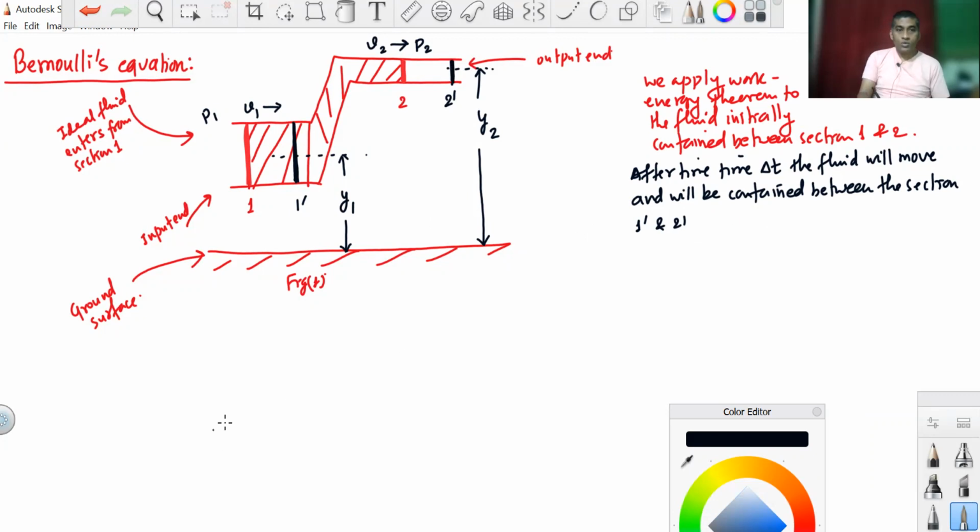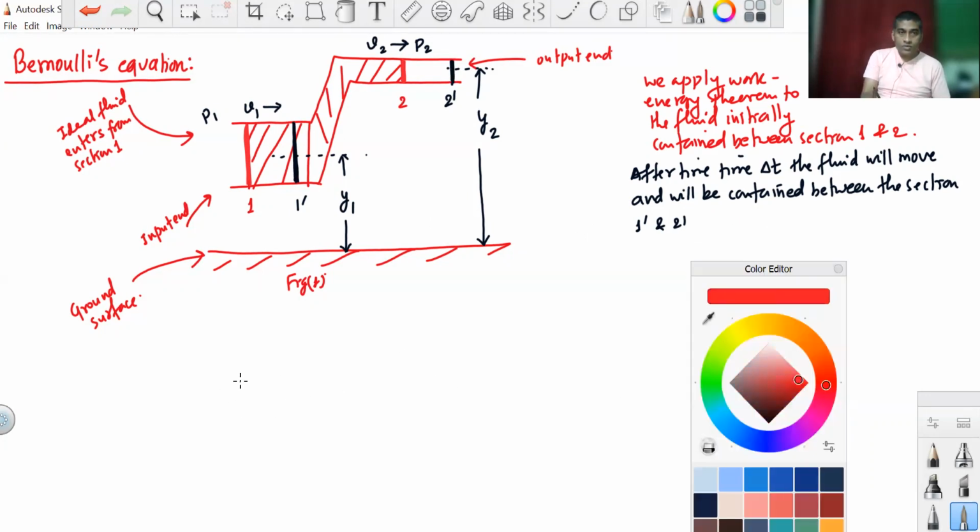Okay, so I'm drawing the same tube to give an idea of the fluid contained between section 1 dash and 2 dash after time delta t.